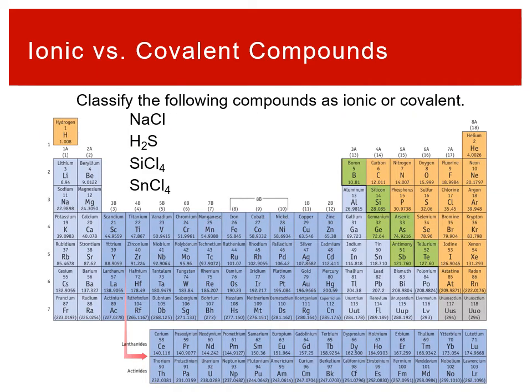Let's look at some examples of classifying these compounds as ionic or covalent: NaCl, H2S, SiCl4, and SnCl4. When determining whether a compound is ionic or covalent, we really want to start with the first atom in the compound and where it is on the periodic table.